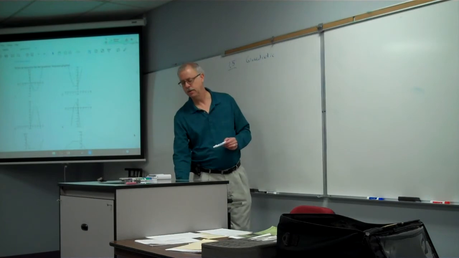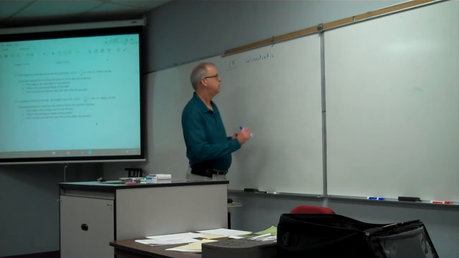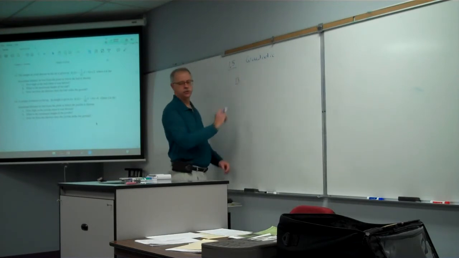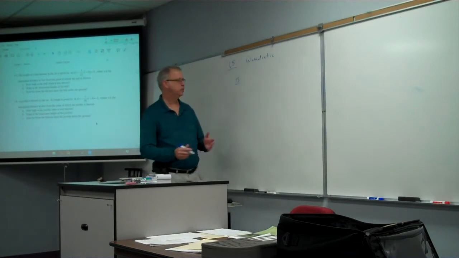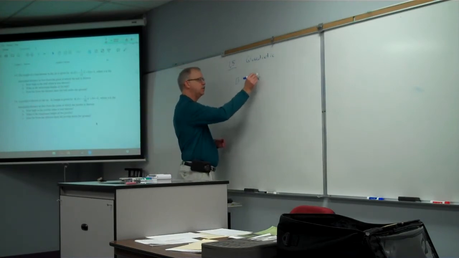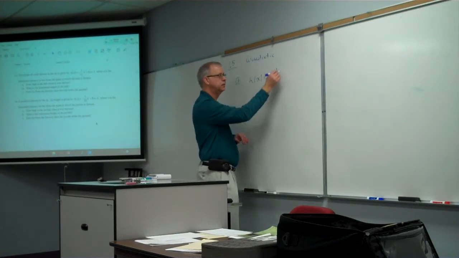13. So 13, we're given the height of a ball thrown in the air is given by, so we don't have to worry about where they come up with this formula. I believe it's fairly accurate.